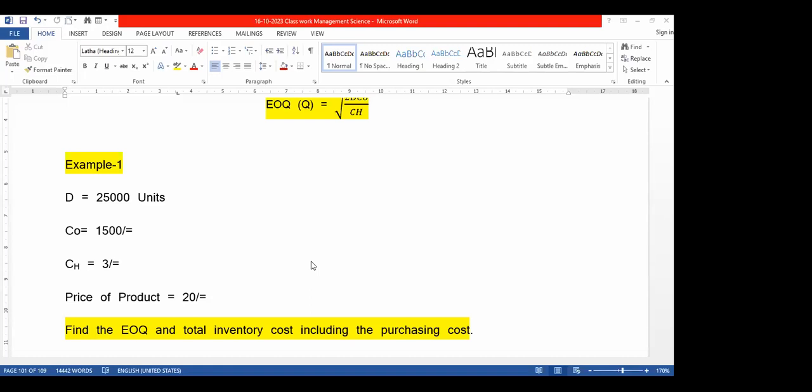Total inventory cost, including purchasing cost. The wrong answers. Your answers are wrong, students. Not 15,000. Please check. Find the total inventory cost, including the purchasing cost.